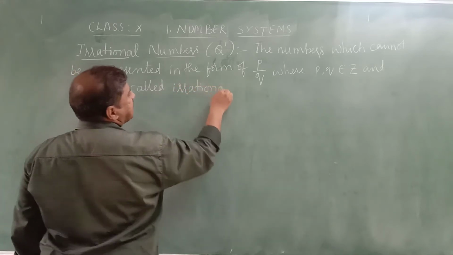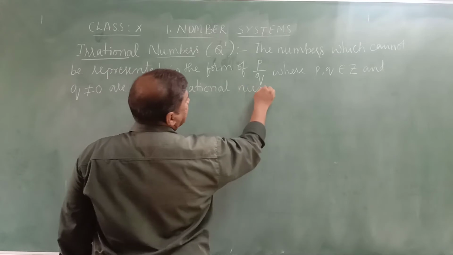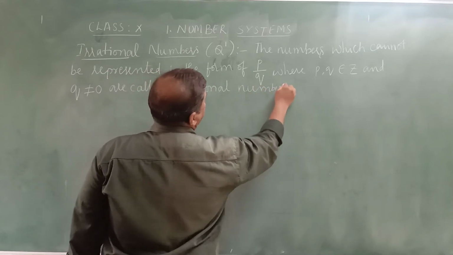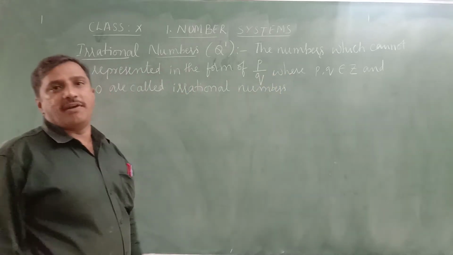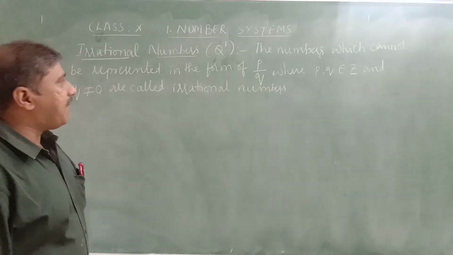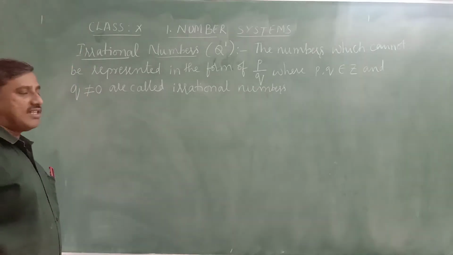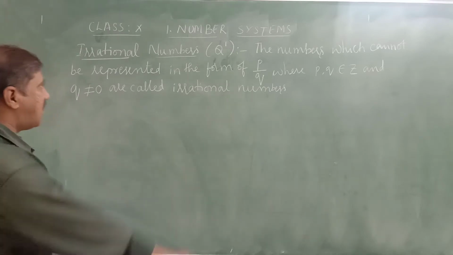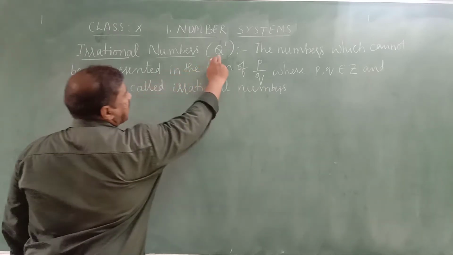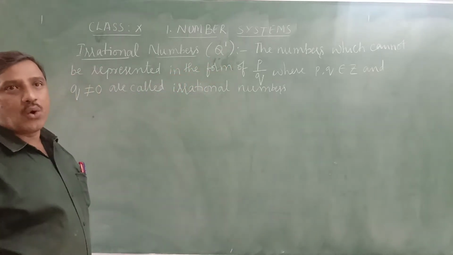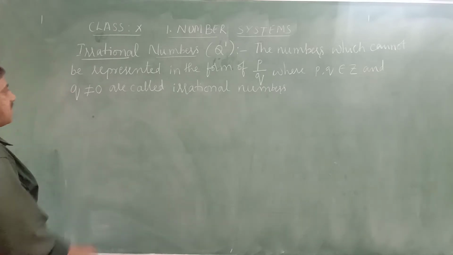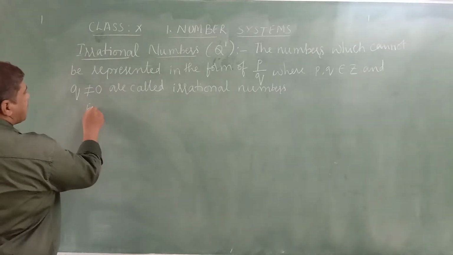The set of irrational numbers is represented by Q dash or Q complement. Here you can write examples.